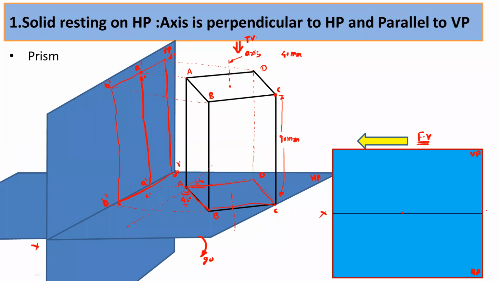That distance is not given in the problem, so you can take 20 mm, 30 mm, and draw one reference line at 45 degree like this, and draw the second reference line. So this is also at 45 degree.